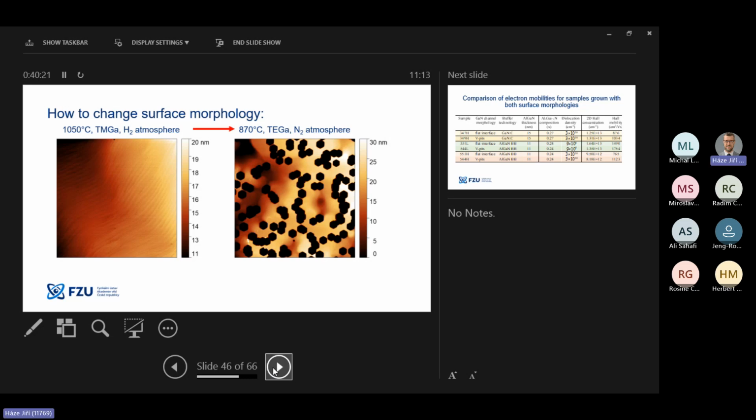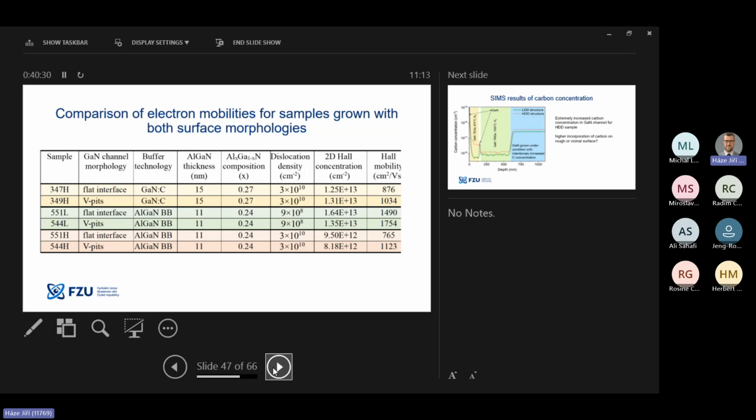It's easy. You just can grow from triethyl gallium in a nitrogen atmosphere, and in a nitrogen atmosphere V-pits are formed. We have checked it. We always made 3 structures. Everything was the same.